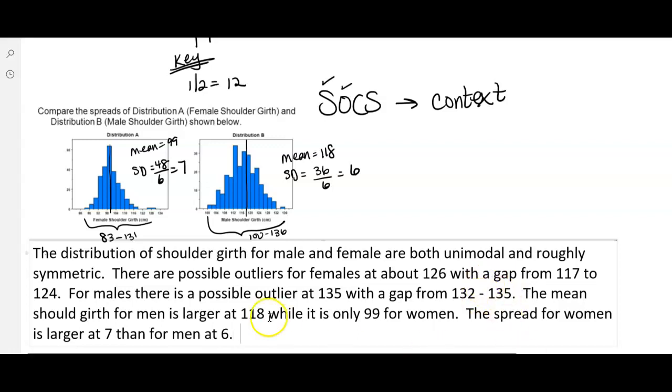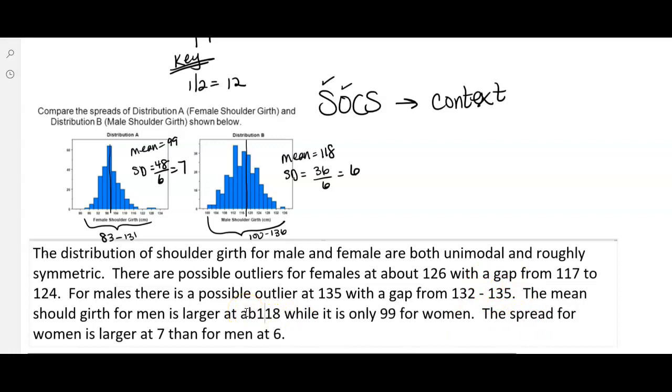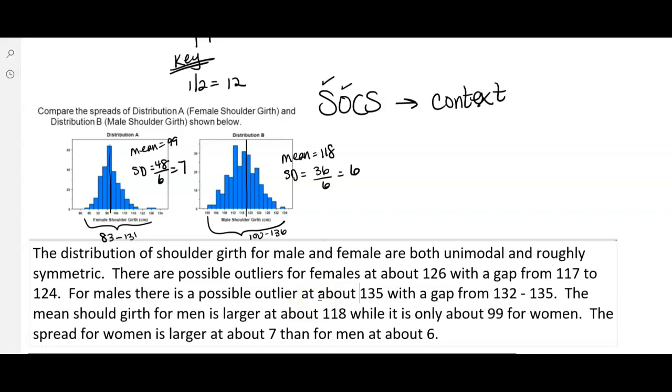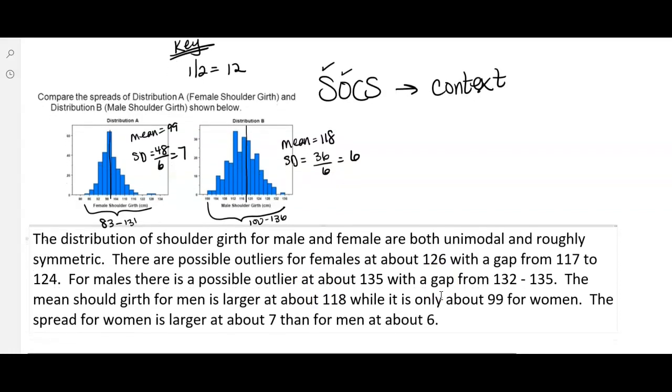And I should probably say at about, only about 99. So we have all of our information, and probably should add an about up here too, just to make sure that we're kind of estimating.